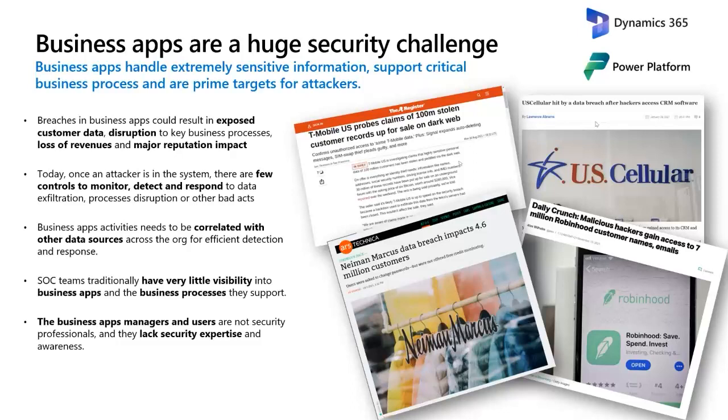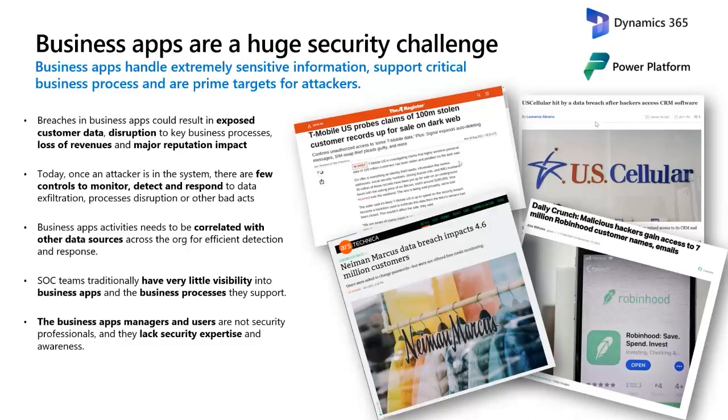And also your reputation can take a big hit when you've been hacked. So it's not just a technical problem, but actually protecting your business apps is a big deal for your entire business.